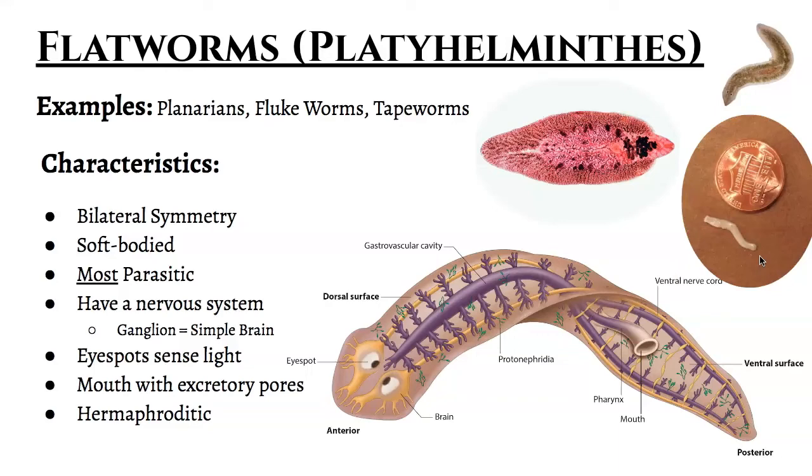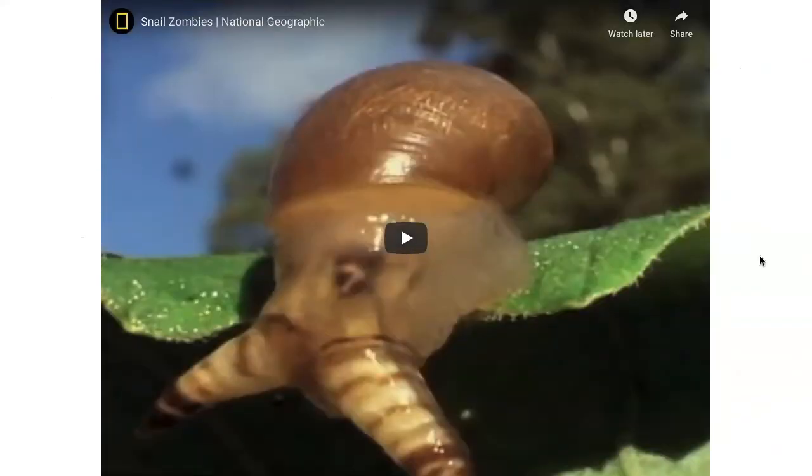Well, unless you're this parasitic worm. I'm not going to play this video here, but the link is in the description. You can go watch it, and what happens is this is a type of flatworm that is a parasite. It actually has two hosts. The first host, where the eggs incubate and everything, is going to be this poor snail here.